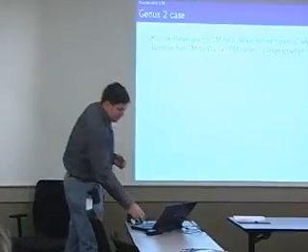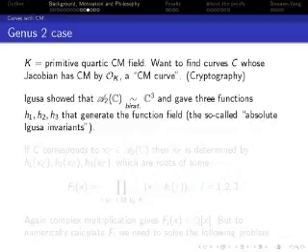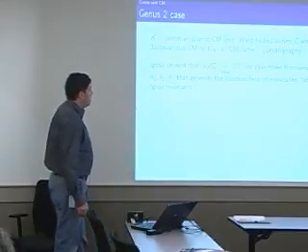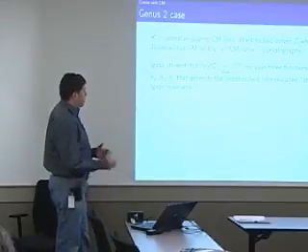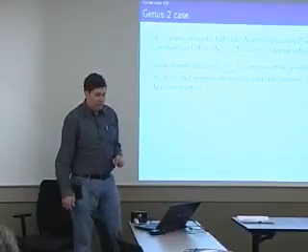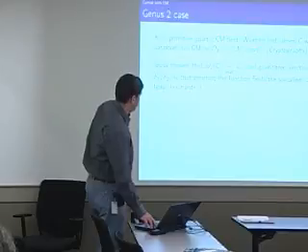So what happens then? Well, Igusa showed that in fact, there are analogs to those J invariants. I'll just call them H1, H2, H3. And the curve is known by the value of the functions H1, H2, H3 in the same way an elliptic curve is known by its J invariant.